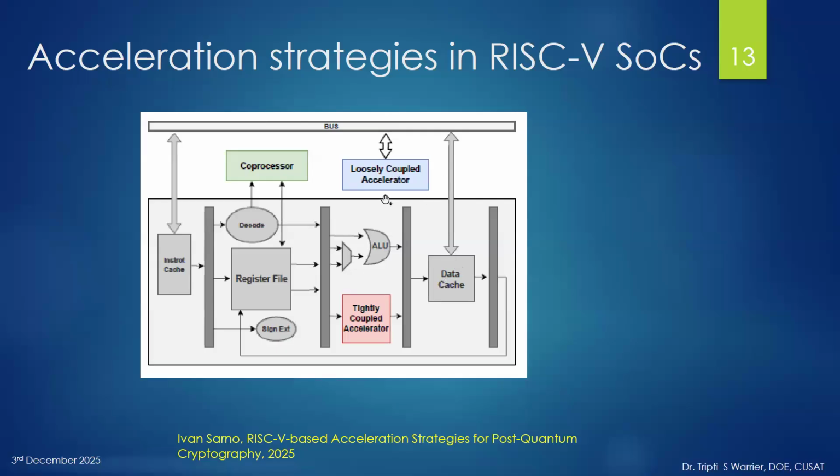So these are the different strategies in which acceleration can happen. In this particular session, we will be talking about tightly coupled acceleration and maybe an example of a coprocessor. Loosely coupled accelerator implementations will be similar to what is there for any other application, that is AI ML applications or DSP applications.